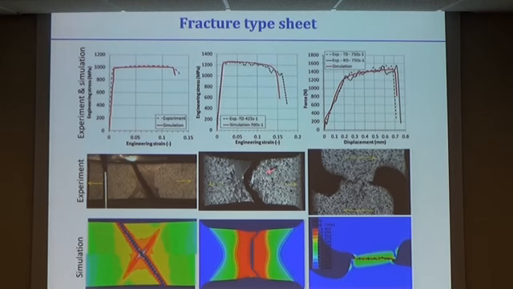Much more interesting, certainly for the fracture and the damage evolution, we were able to capture the type of fracture. As I just mentioned, in the static experiments using the thick, standard samples, we had fracture aligned with the localized bands, and indeed the simulation captured that.